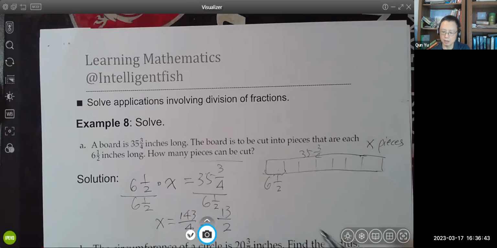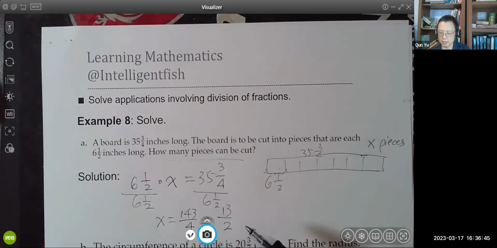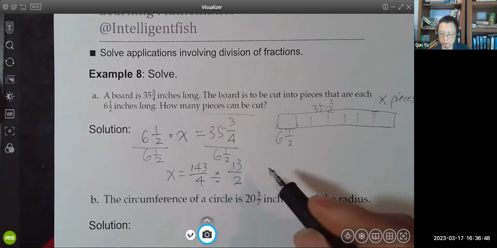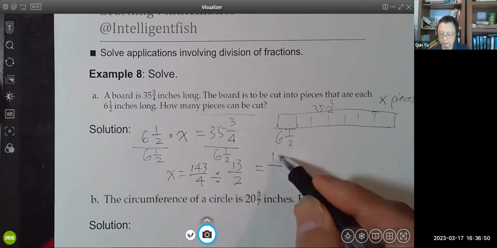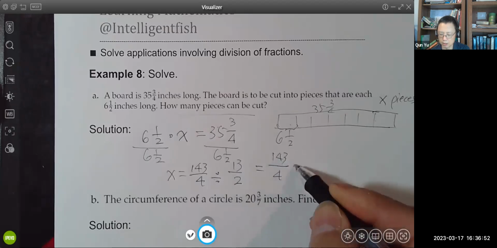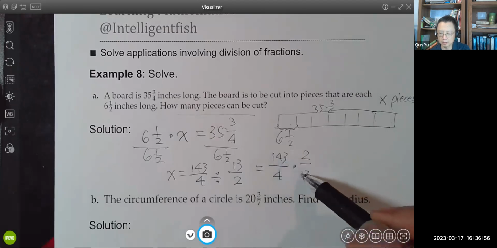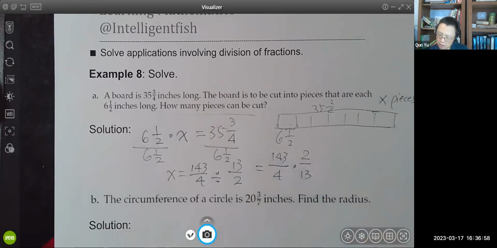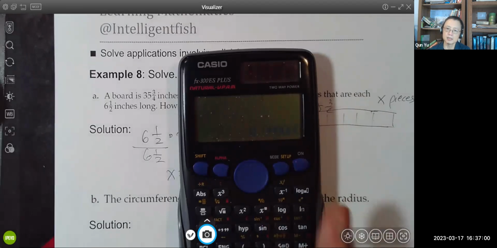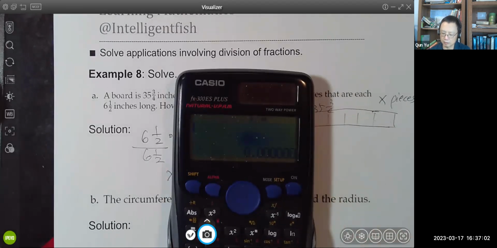Now change division to multiplication and change the second number to the reciprocal. 143/4 times 2/13. And 143 divided by 13 is 11. And we can verify that by doing division. 143 divided by 13. That's 11.